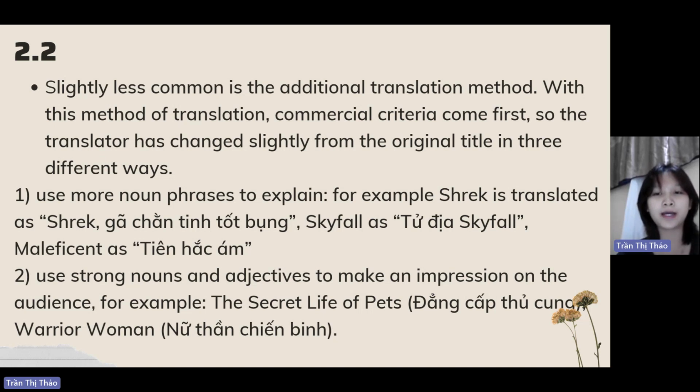For example, Shrek is translated as Shrek, gã trần tiên tốt bụng. And the second is using strong nouns and adjectives to make an impression on the audience. For example, Warrior Woman, meaning in Vietnamese nữ thần chiến binh.